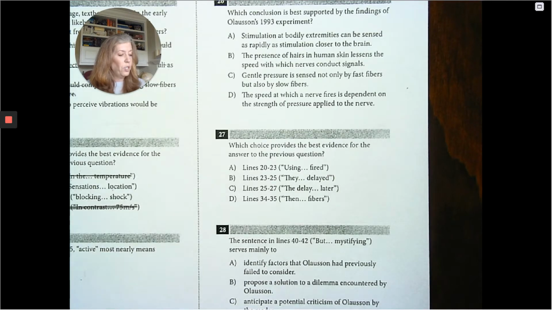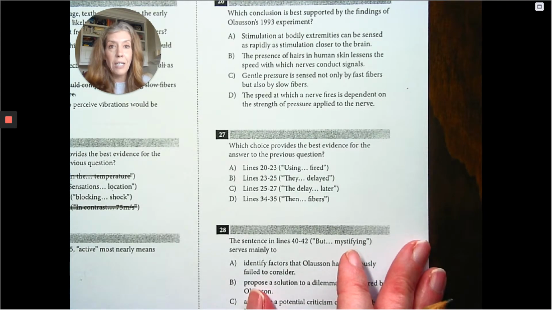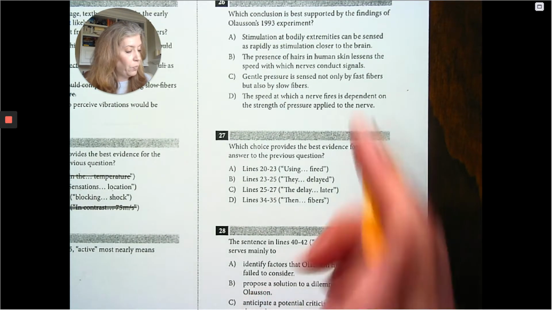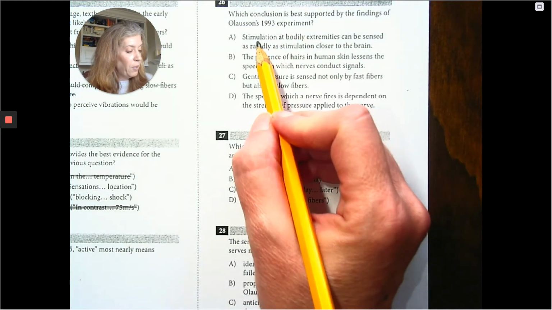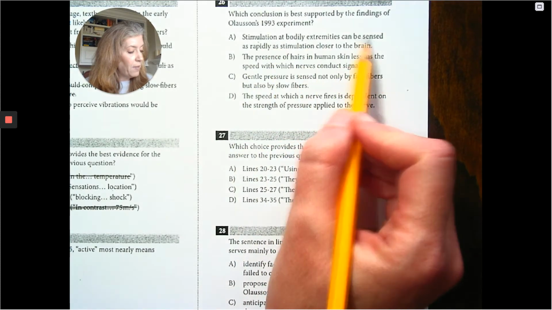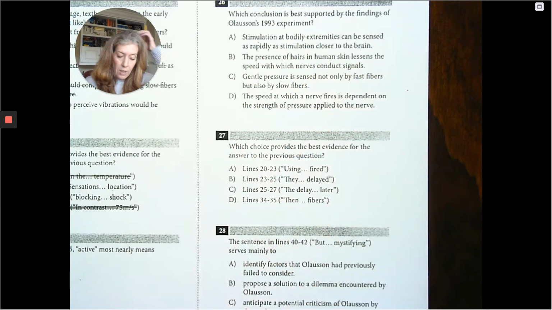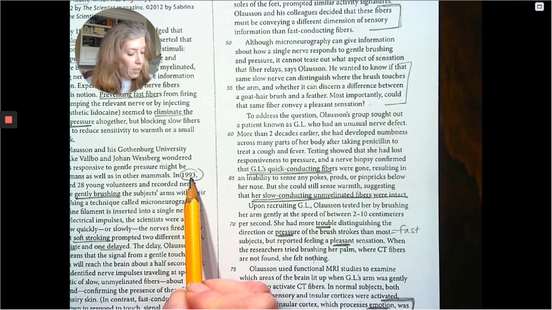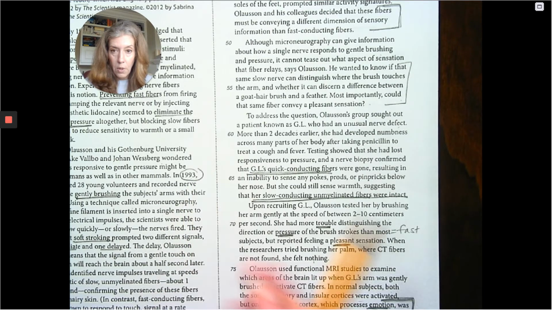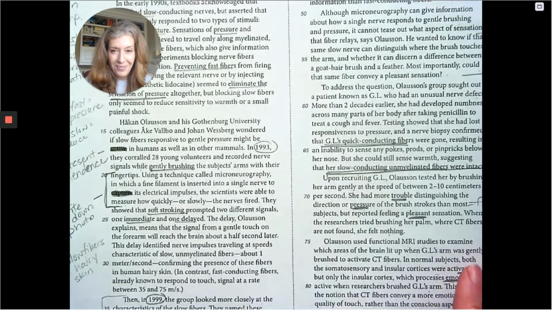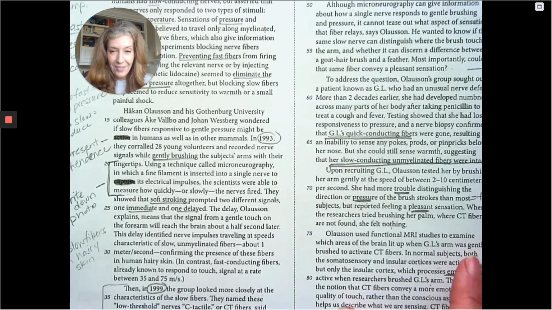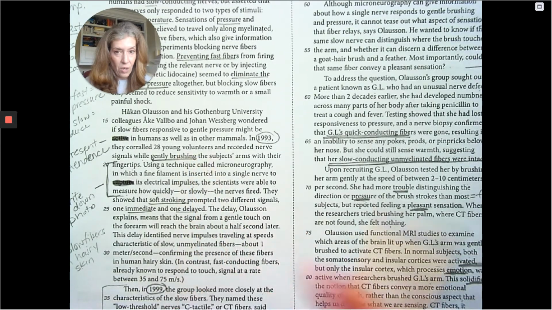Next question, which conclusion is best supported by the findings of Olson's 1993 experiment? Stimulation at body extremities can be sensed as rapidly as stimulation closer to the brain. Now, I do believe we were circling 1993. I have a lot of marking, so we have a quick reference there.